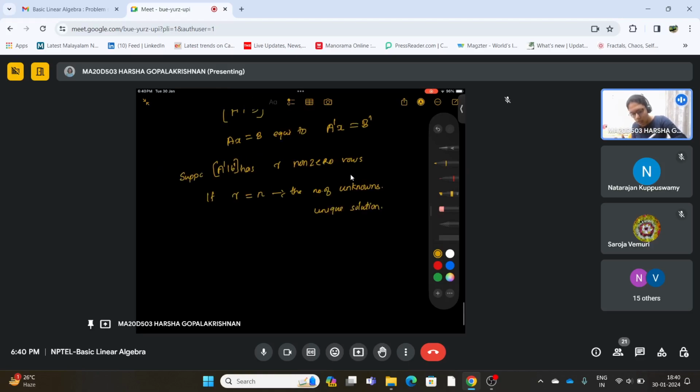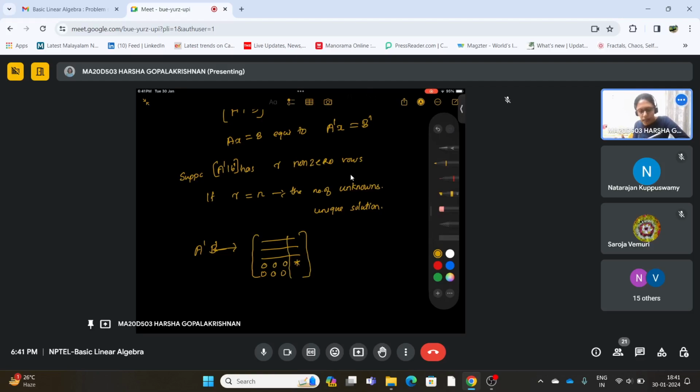One problem that can come up is this. Suppose A dash B dash has 3 rows that are non-zero, and here it is a 0 row and here it is a non-zero element.